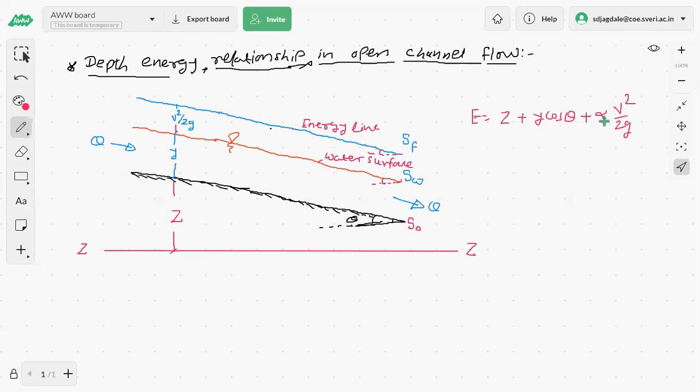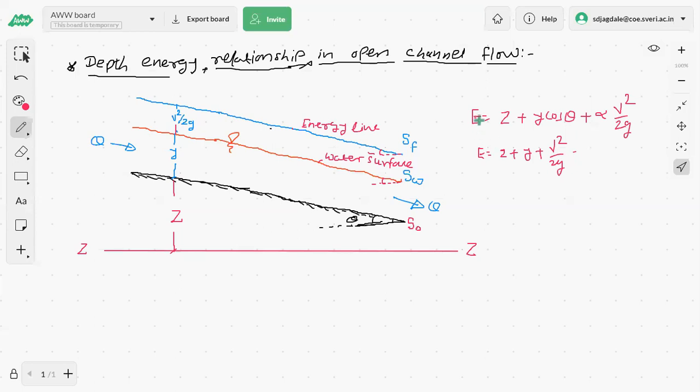And if the energy correction factor alpha is 1, then we get the total energy E equals Z plus y plus v square by 2g. We get this relation when cos theta is nearly equal to 1 and alpha equals 1, which is nothing but the total energy.